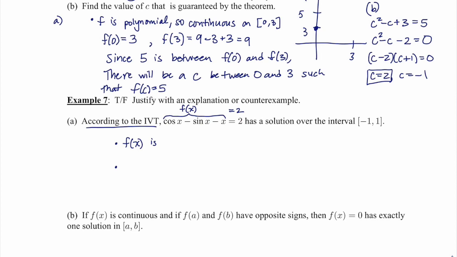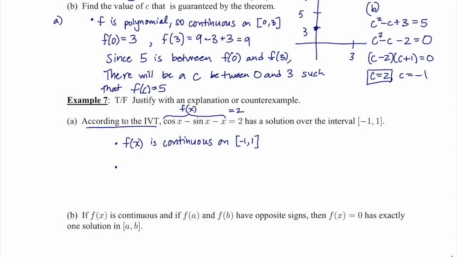So we can say f of x is continuous on the interval from -1 to 1. And then we want to check that 2, the function value we're interested in, is between f of -1 and f of 1.